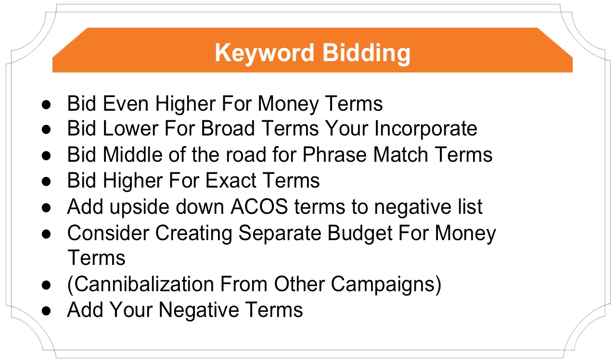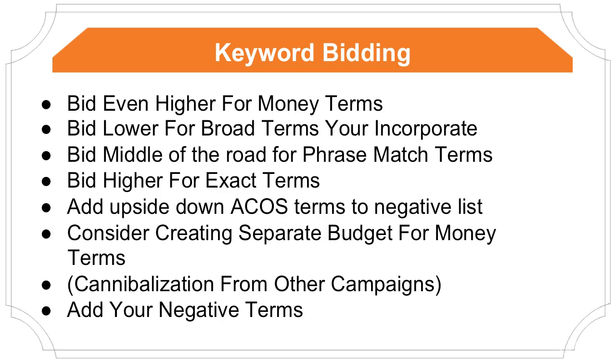So in the beginning, when we were talking about keyword considerations, I just want to reiterate here again, both as you're bidding for terms and also as you're managing the whole bidding process after you've been reviewing data over time. You want to bid lower for your broad terms.